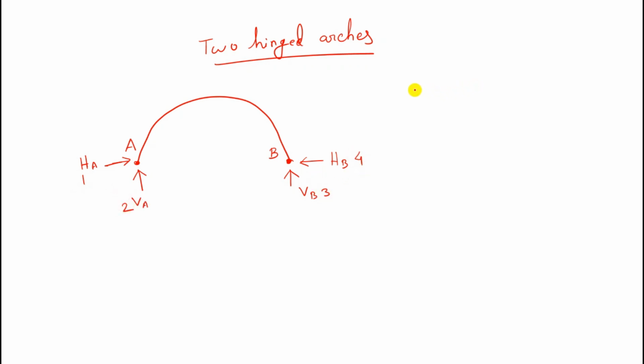We have four reactions, and we have three equations of equilibrium: summation of vertical equals 0, summation of horizontal equals 0, and summation of moment equals 0. So we have three equations of equilibrium and four reactions. We have more reactions than equations of equilibrium.